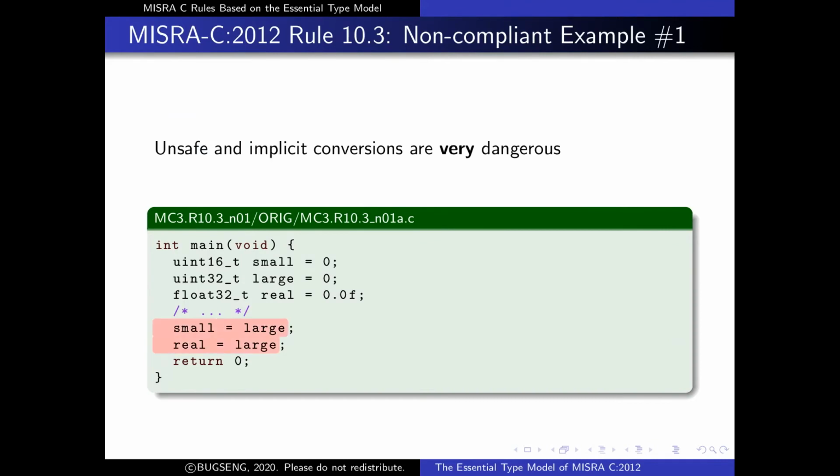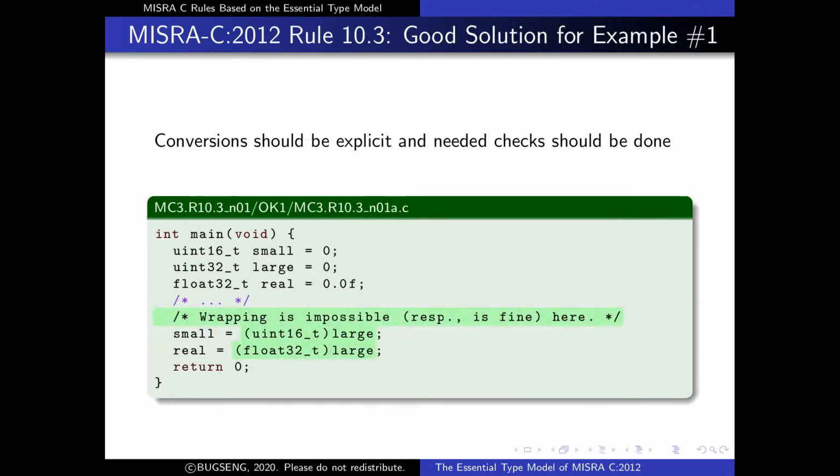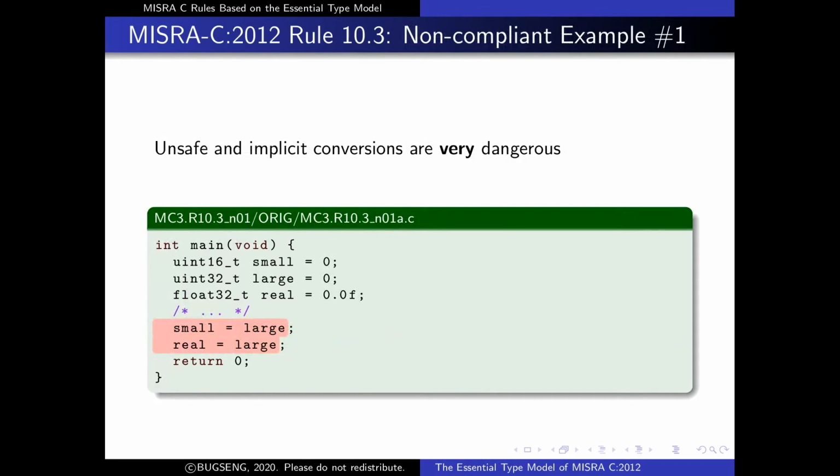Here is an example. We have two assignments. Small equals large tends to assign a 32-bit unsigned to a 16-bit unsigned, whereas real equals large assigns to a different essential type category. The correct solution is not to leave this conversion implicit, assuming that they are wanted.